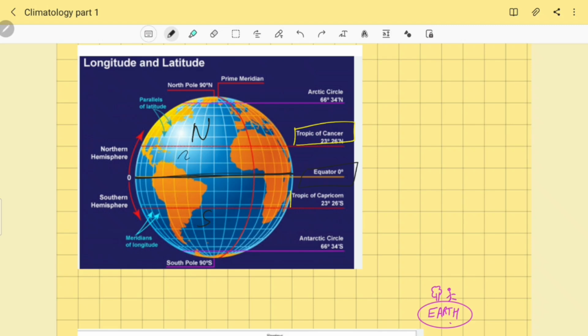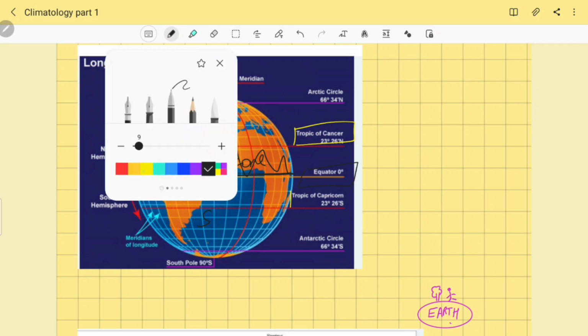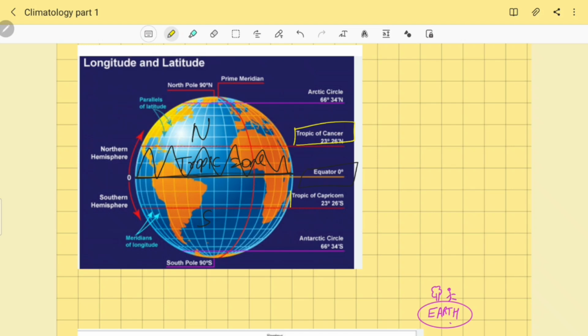now let's see what is a tropical region, what is a temperate region. Okay, so the area between equator and Tropic of Cancer is known as tropic zone, and the area between Tropic of Cancer and Arctic Circle is known as temperate zone.